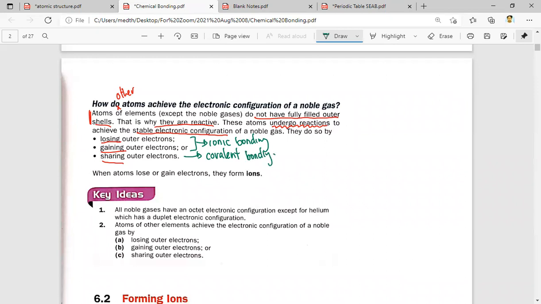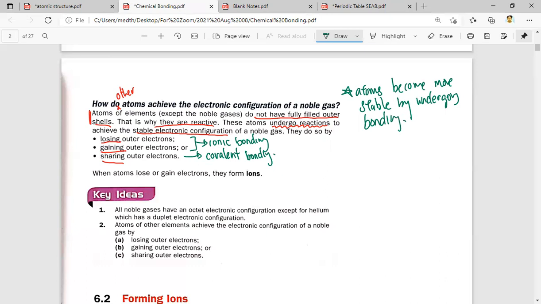So this is why this chapter is called chemical bonding, because we're going to learn about how atoms become more stable by undergoing bonding.